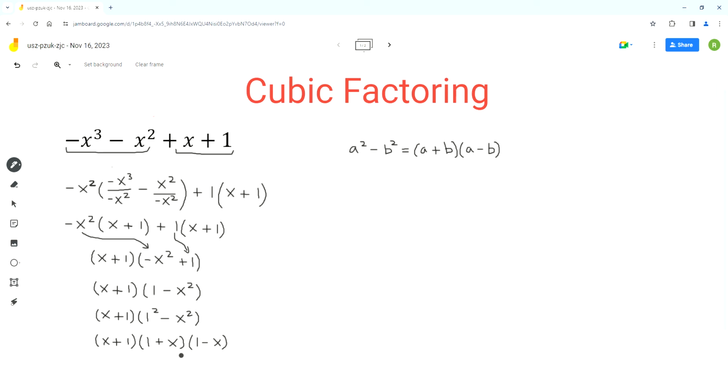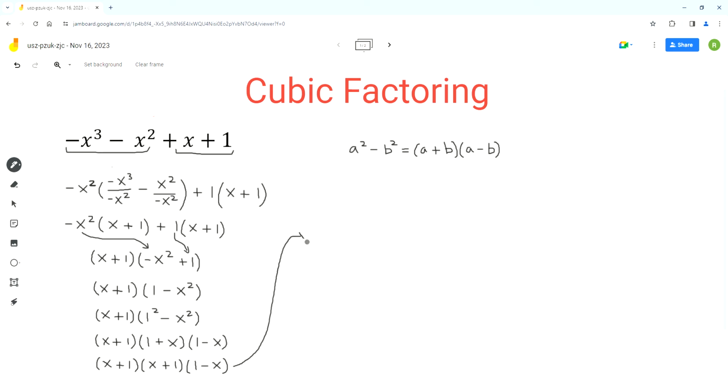1 plus x can also be written as x plus 1. So we get x plus 1 times x plus 1 times 1 minus x. So we keep 1 minus x in this form because we typically want to keep the first term in the parentheses as a positive term.